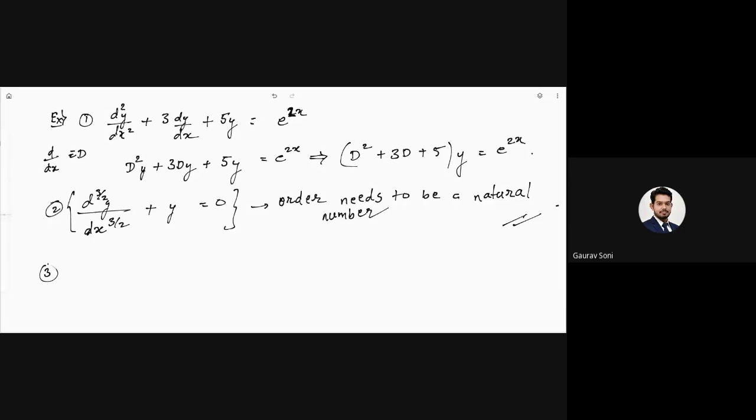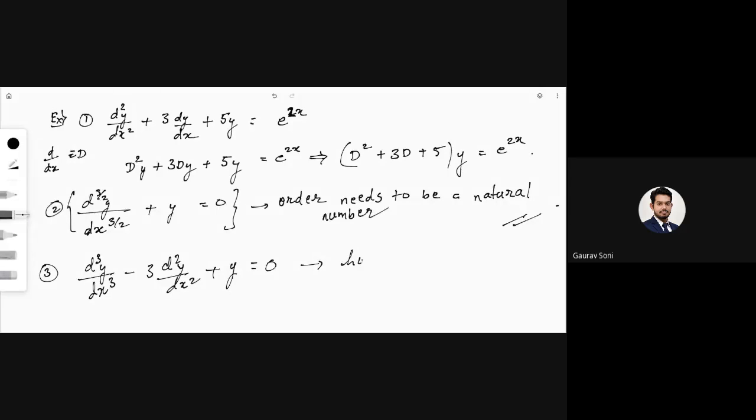So third one: d cube y by dx cube minus 3 d2y by dx square plus y is equal to 0. Yes, it is linear.